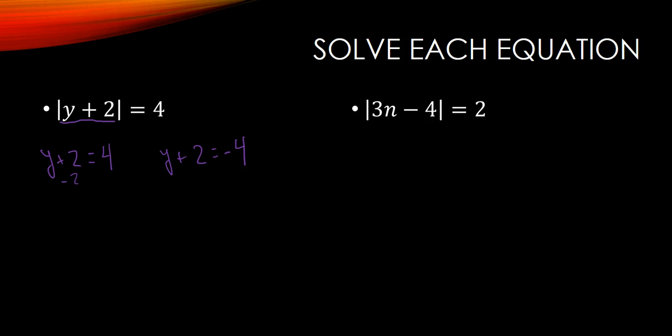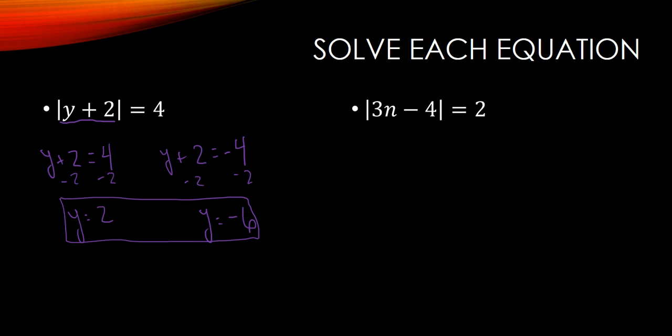Solve. Let's get the y by itself, and we get y equals 2. Again, subtracting 2 from both sides, we get y equals negative 6. So you could check: 2 plus 2 is 4, absolute value is 4; negative 6 plus 2 is negative 4, but absolute value again makes that positive 4. So those are my two answers.